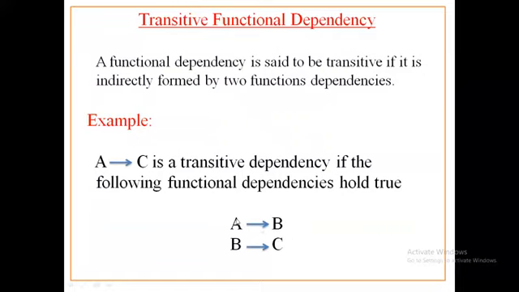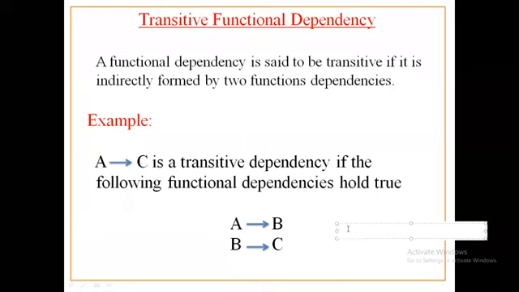See here, A determines B, which means B depends on A. Again, C depends on B. So A to B, B determines C. C depends on B, and B depends on A. Clear?